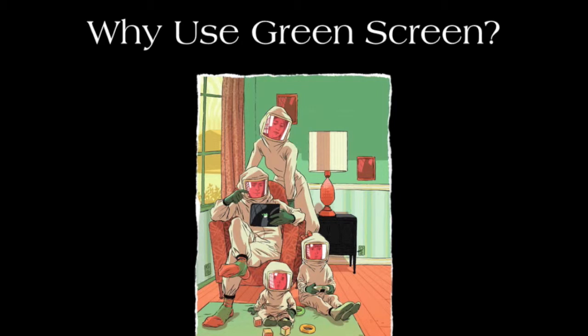So instead, we can use green screen and put them in that environment so that they can safely film whatever scene they're doing without any danger actually coming to them. And you won't get arrested like I was in Vietnam because we shot in front of a tourist attraction and the police did not like that so much. So this is a better way to go.